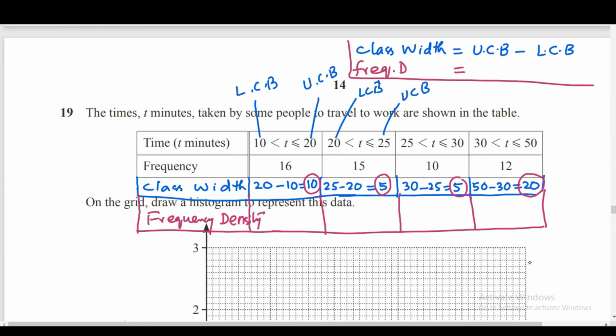CW stands for class width. So I'm going to write the formula: frequency density equals F over class width CW.